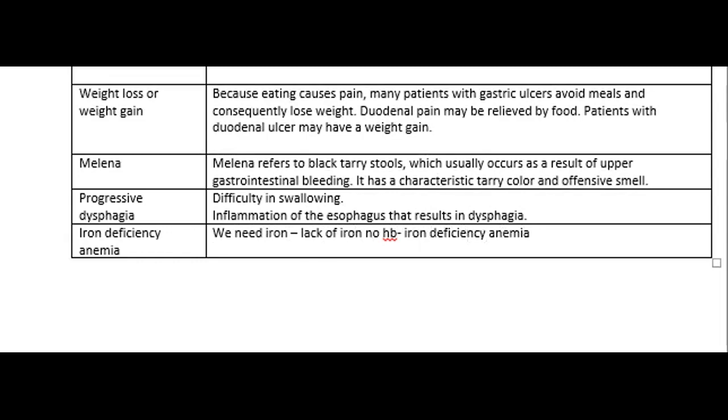Okay. In the peptic ulcer patient, bleeding is seen chronically, in a slow and chronic way, so there is blood loss within the body.